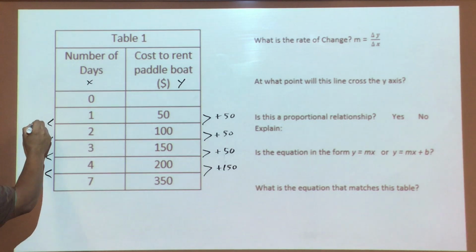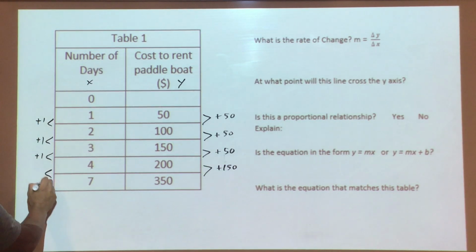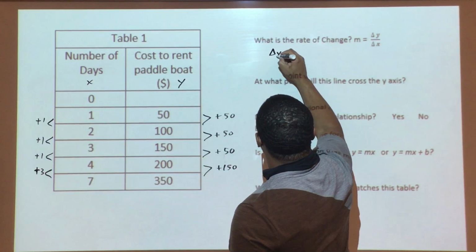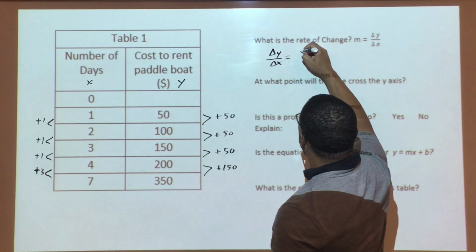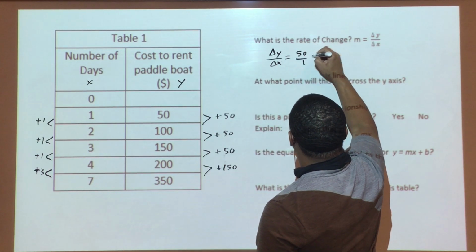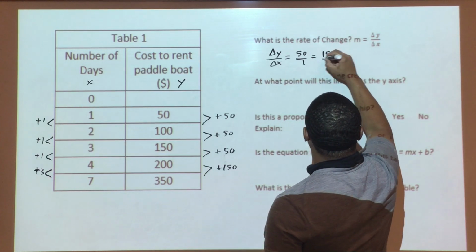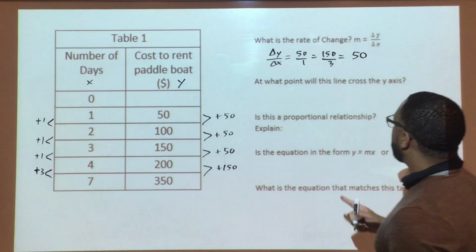We have x going up by 1 here, by 1, and then by 3. So now let's figure out the rate of change. Rate of change is change in y over change in x, which is going to be 50 over 1, and then we also have 150 over 3. Both of them equal 50. So my rate of change is 50.